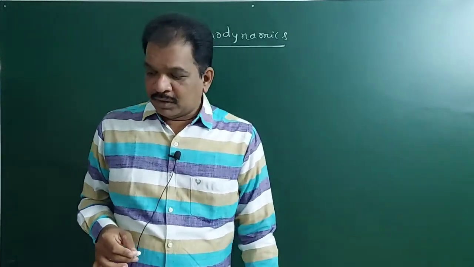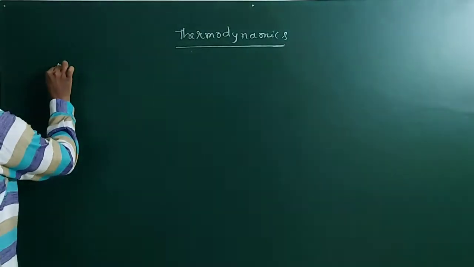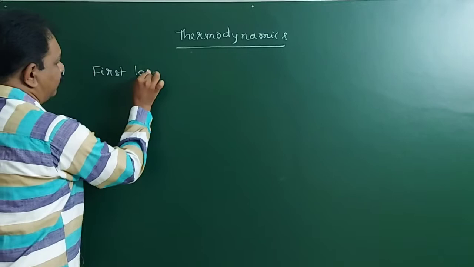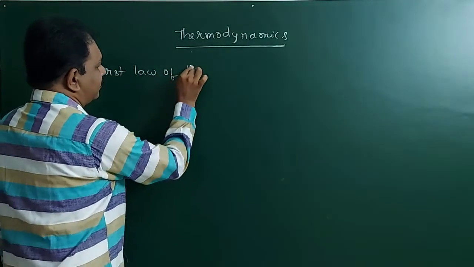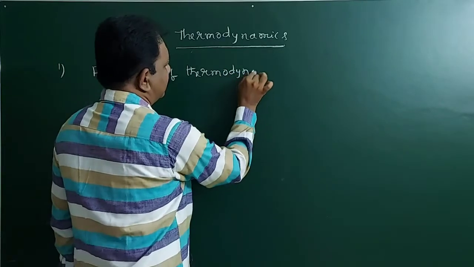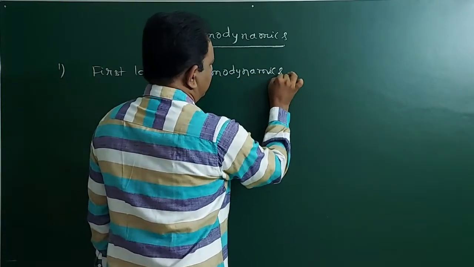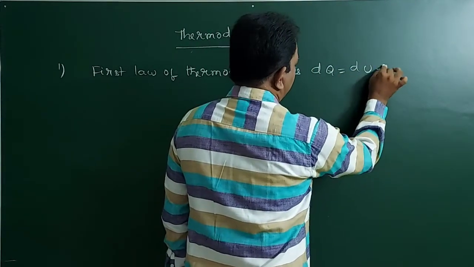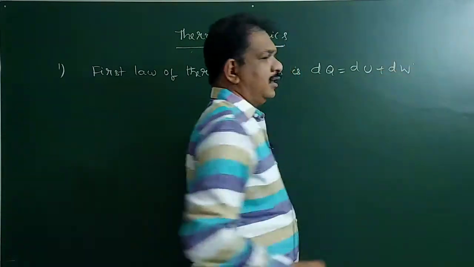Okay, first formula, it will be first law of thermodynamics. First law of thermodynamics is dQ is equal to dU plus dW.